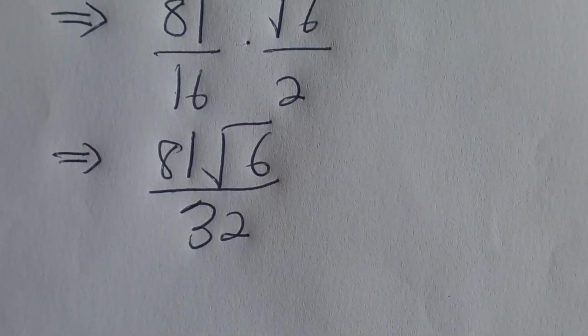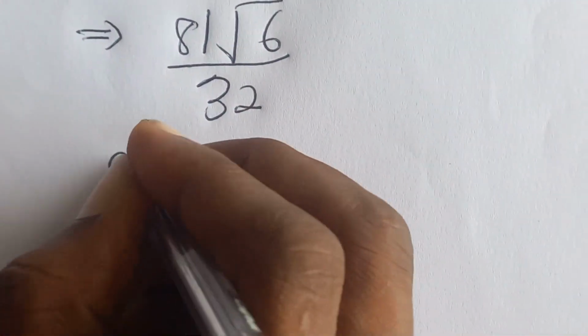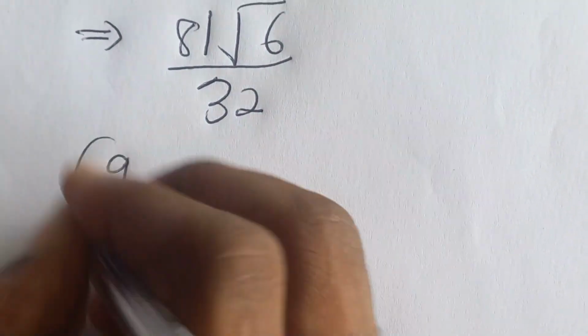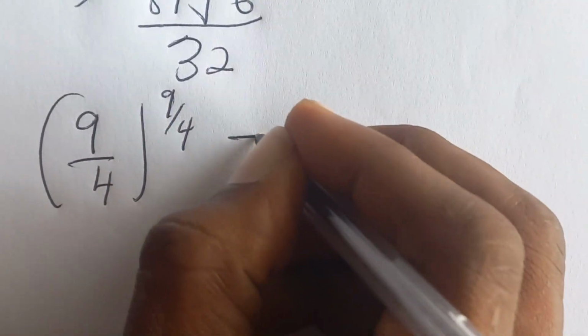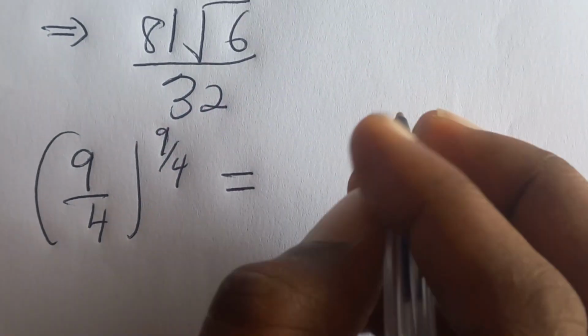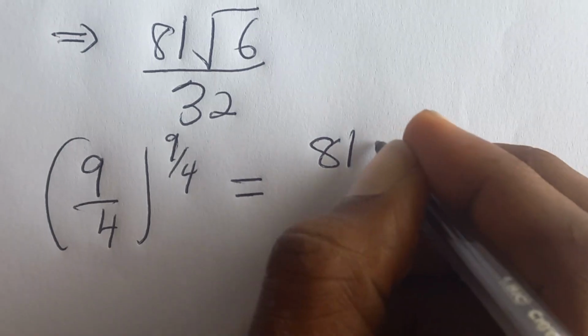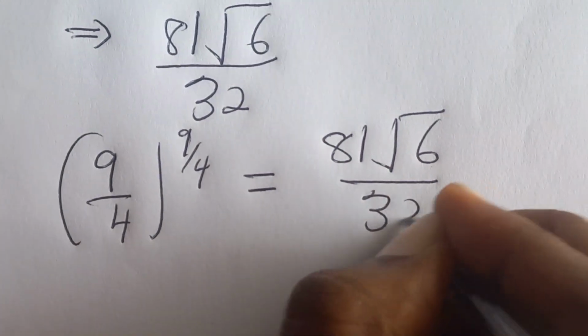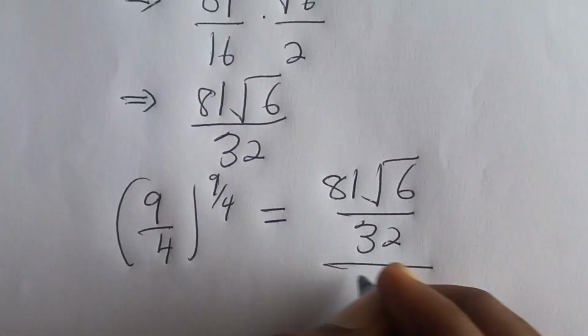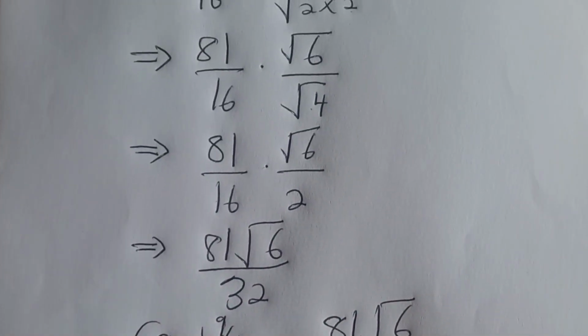Okay, so it means that our expression, (9/4) exponent 9/4, the answer without using a calculator is 81 square root of 6 over 32. So this is our answer for this expression.